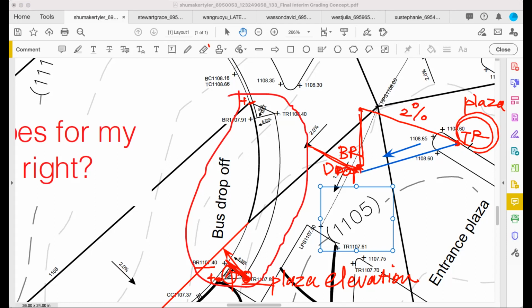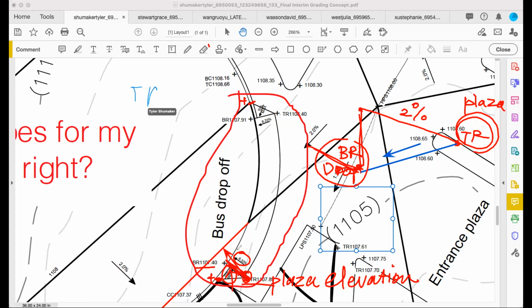This is coming from the plaza elevation, that is coming from the drop-off elevation, the difference, and then divided by the distance that you measure from the CAD plan. That's how you get to the slope there, because it is not a regular curb ramp that you design using the standardized dimension.